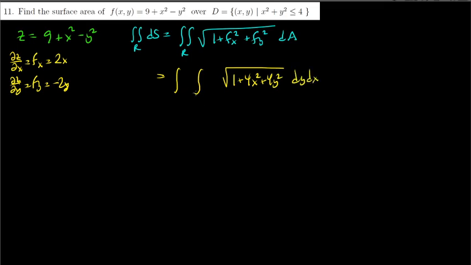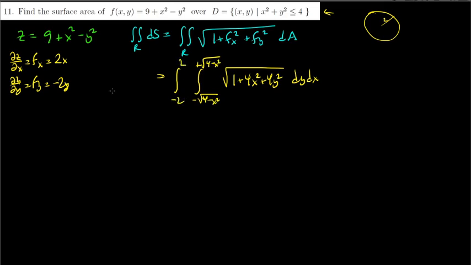And we could do dy dx, right? Yeah, so this is over the disk of radius 2, right? So y just goes from negative square root of 4 minus x squared to positive square root of 4 minus x squared, and then x goes from negative 2 to 2.